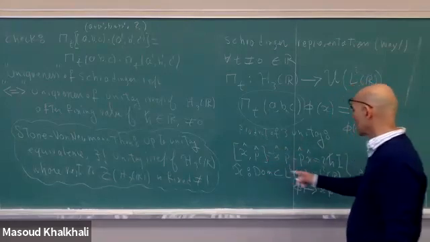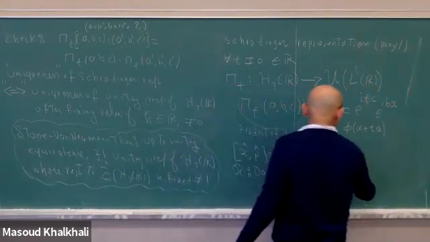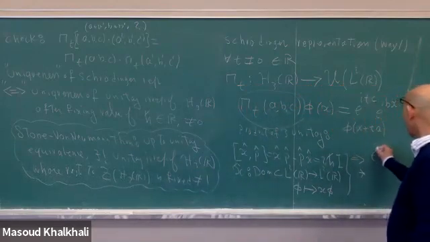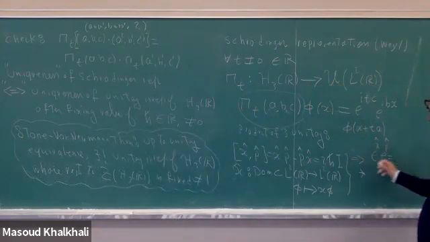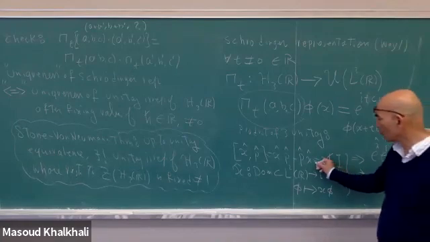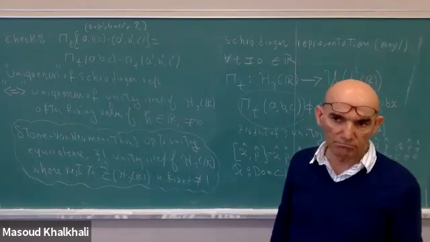Now, these relations imply that e to the x hat and e to the p hat are related by some constant, maybe e to the iħ, times e to the p hat, e to the x hat. This needs a proof. You have to use something like the Campbell-Baker-Hausdorff formula.